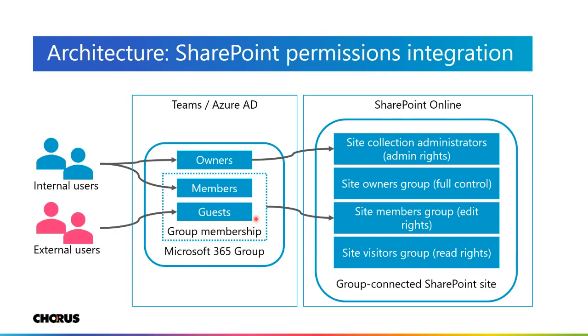That team membership is then dropped right into the members group of the SharePoint Online site. What this means is that anyone that you add to your team automatically has contribute rights on files in the team, which are managed in this underlying SharePoint site. These kinds of integrations, you'll see why they're important when we come to look at governance.